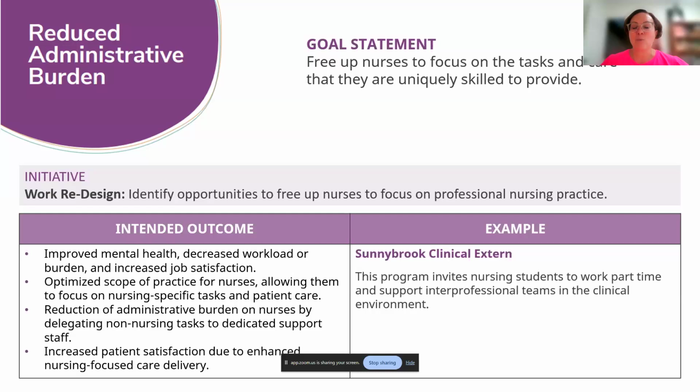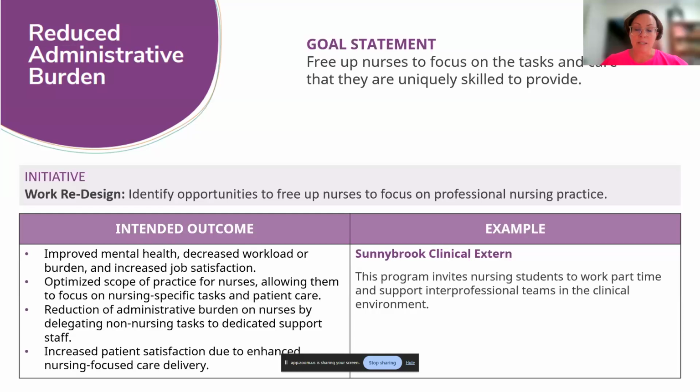And really, that's why it's such an important retention initiative, because unless we're actually thinking differently about the work environment, we will not be able to retain nurses in this current context. And this is in the context of a global shortage as well. We know that when we do redesign the work environment, we're improving the mental health of nurses, decreasing workload or burden, and increasing job satisfaction.